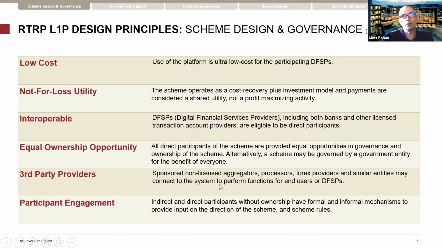It should allow third-party processors, so forex providers, aggregators, payments processors, and the like, to participate and add value in the system. And then for those who don't choose to be owners or who are indirect participants, there should be formal mechanisms to really get their input, understand their business processes and needs, and keep them involved in how the system works.